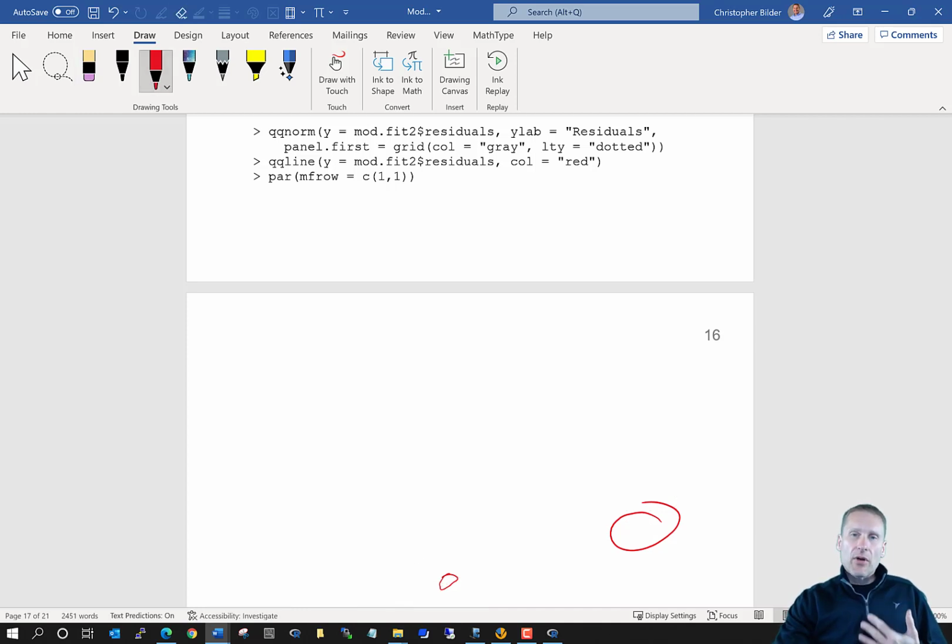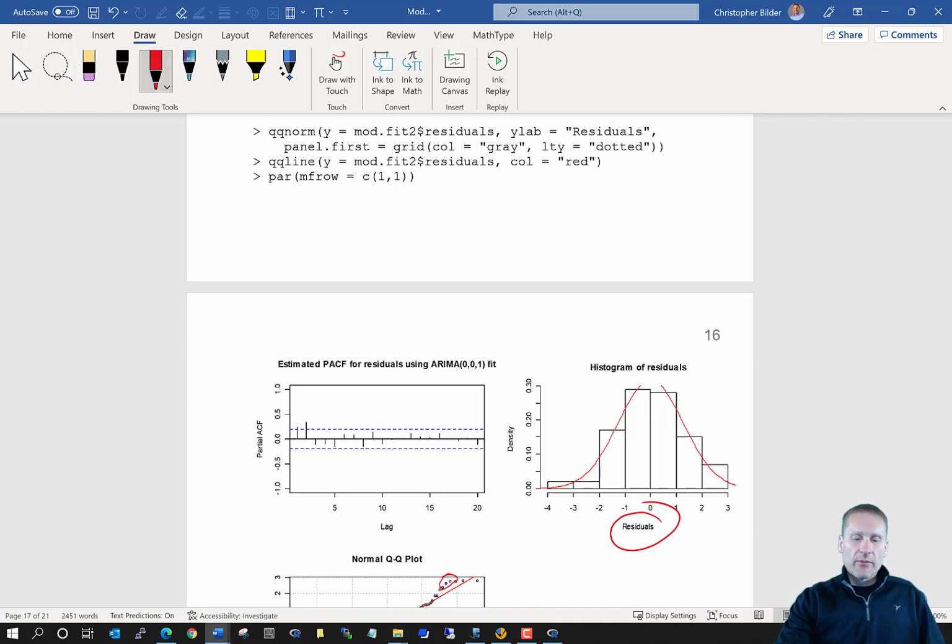So, the problem is, well, which terms do I use? Because I have a significant value at lag 1 for the PACF and also lag 2 for the PACF, I would start considering adding autoregressive terms to the model. Start with a phi 1, start with a phi 2.